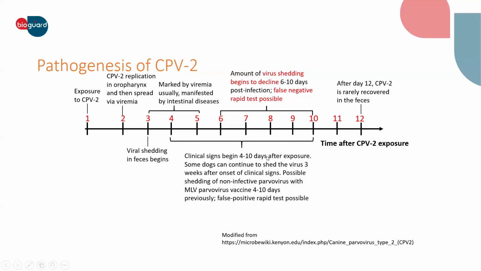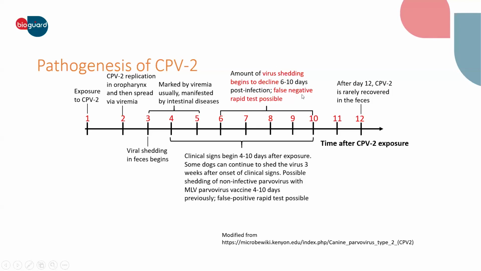The clinical signs will begin 4 to 10 days after exposure, and some dogs can continue to shed the virus 3 weeks after onset of the clinical signs. But usually, the virus shedding begins to decline 6 to 10 days post-infection.